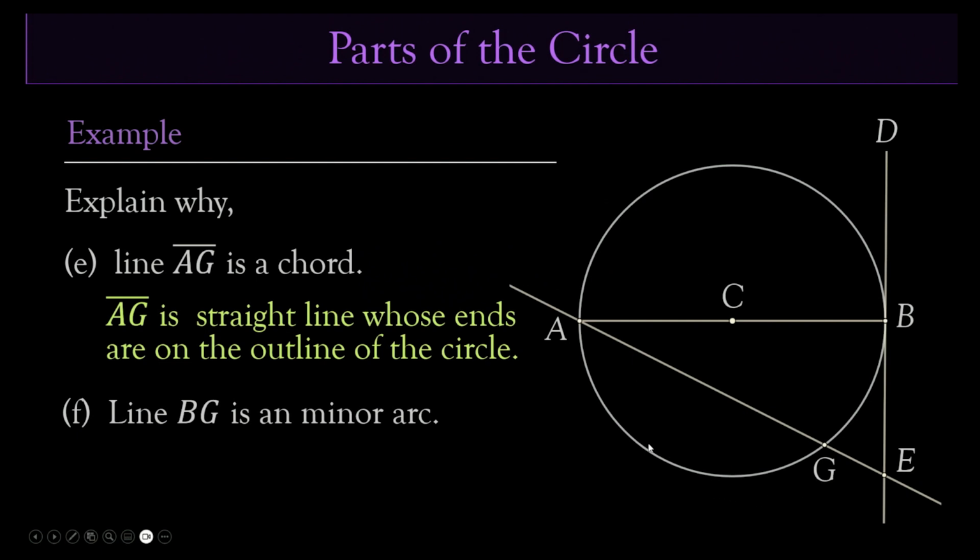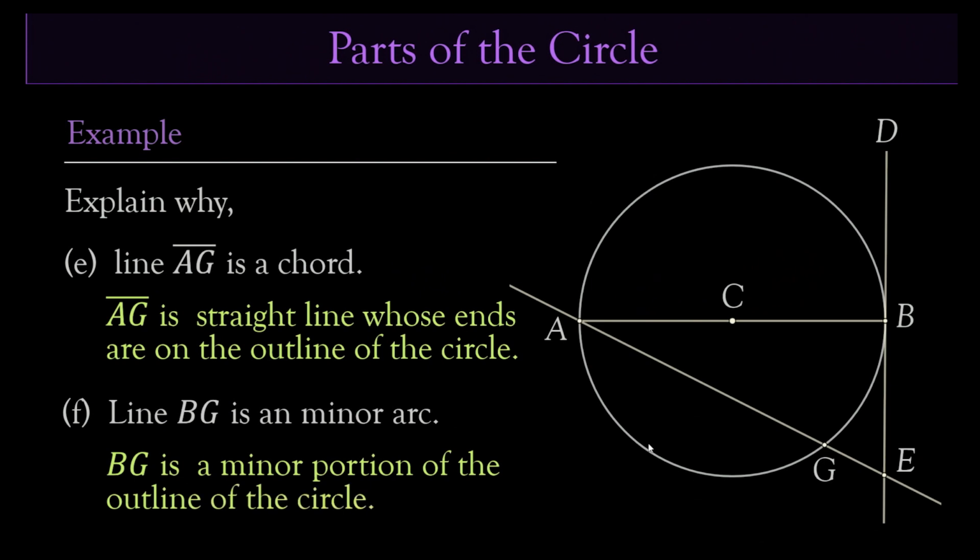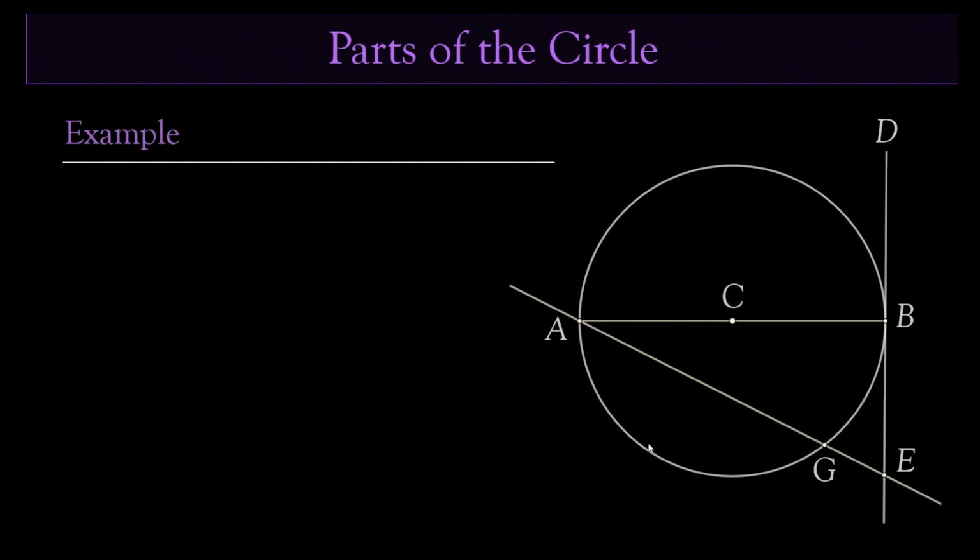Okay, so it's also BG, but it is the major arc BG. Okay, so explain why that is a minor arc. It is a minor arc because it is a portion, the smaller portion of the outline of the circle. Okay, it's a minor portion or the smaller portion of the outline of the circle.